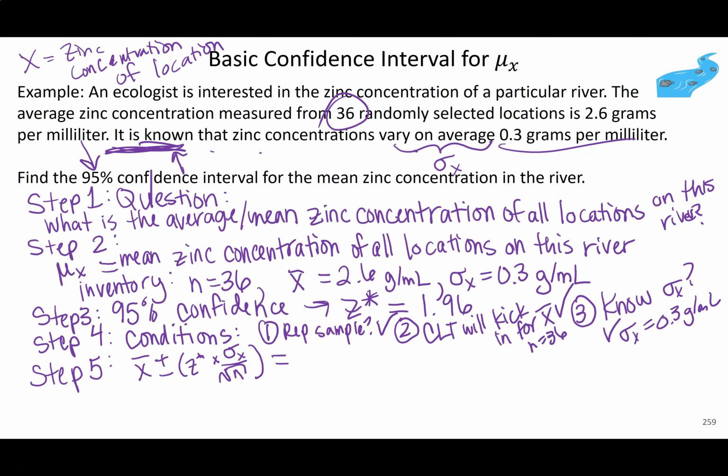X bar is the mean from the sample, so 2.6 grams per milliliter, plus or minus, it's a 95% confidence interval, so my critical value is 1.96, times sigma, which is 0.3, over root 36. Oh, that's so nice. Here we go. That's not math I tend to do in my head.